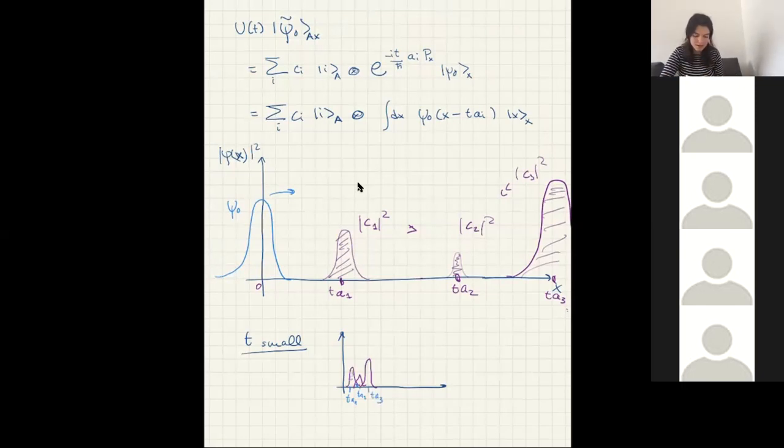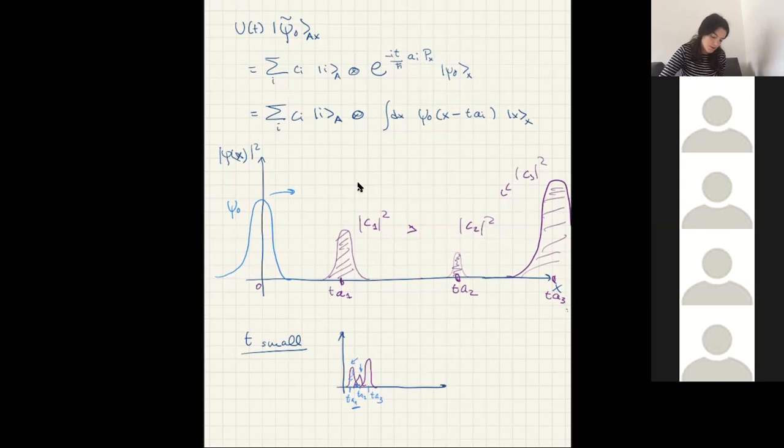But because the time was small, this distance here is smaller, which means that now there's more overlap. So when we measure, we're not so sure that it corresponds to the part of the wave function to this one where we measured A1, or to this one where we measured A2, for example, if we end up here in the middle.